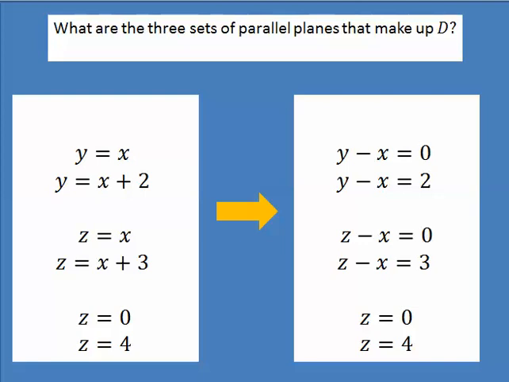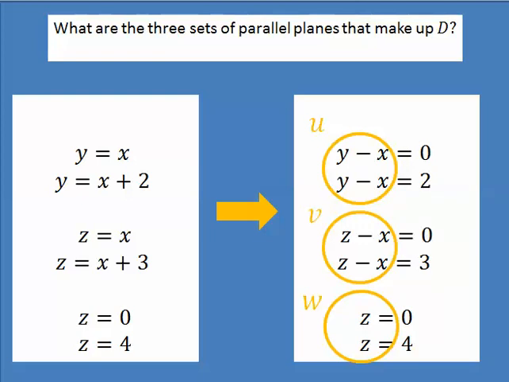How does that help? Well, I'm just going to call u equal to y minus x, v equal to z minus x, and w equal to z. So I'm not choosing my new variables based on the integrand. I'm changing my variables based on the region.